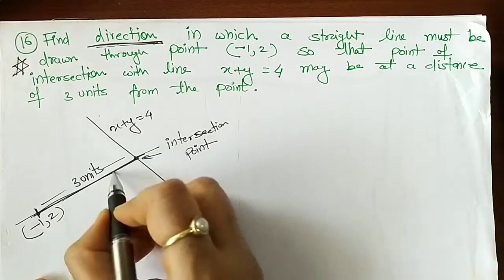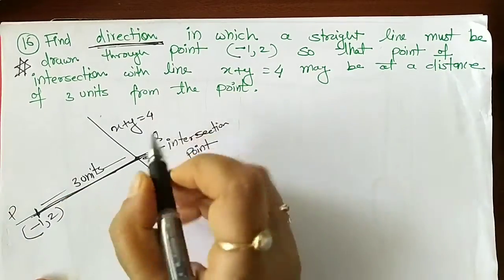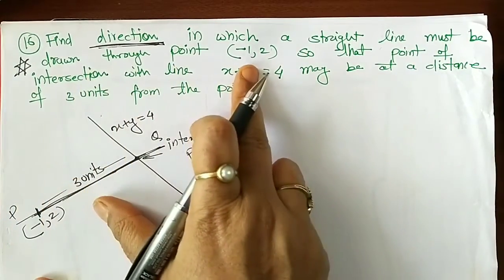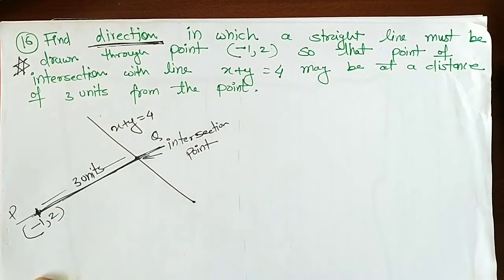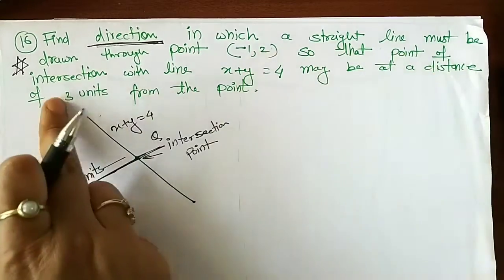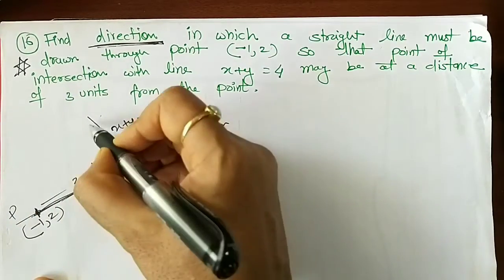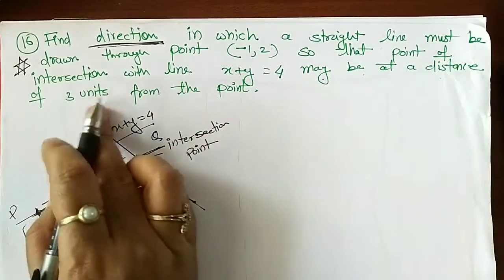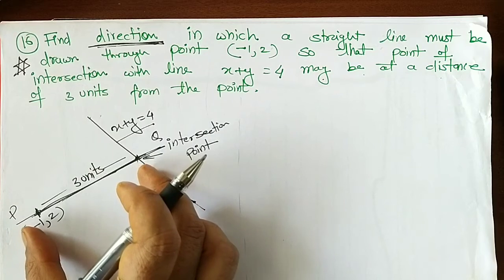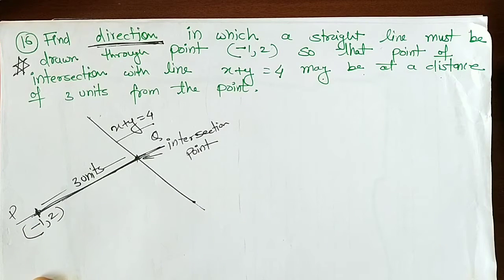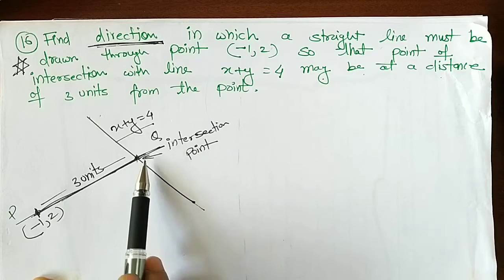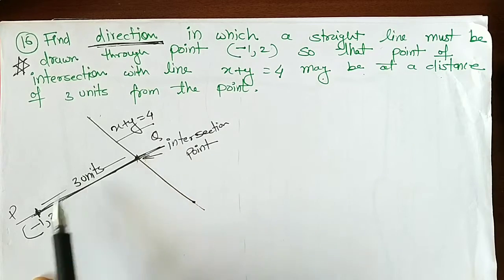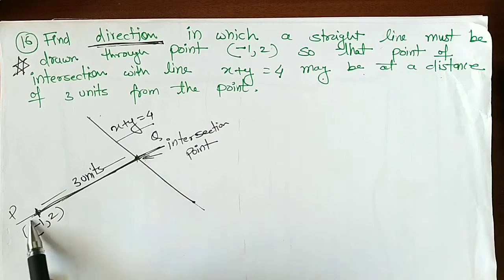So this line, suppose PQ, must be drawn through the point minus 1, 2, so that the point of intersection with this line may be at a distance of 3 from the point. So what do we need again, guys? We need the point of intersection somehow so that we can get the distance between these 2 points.